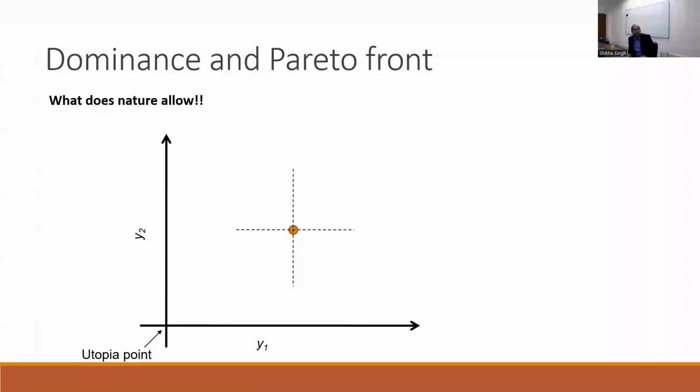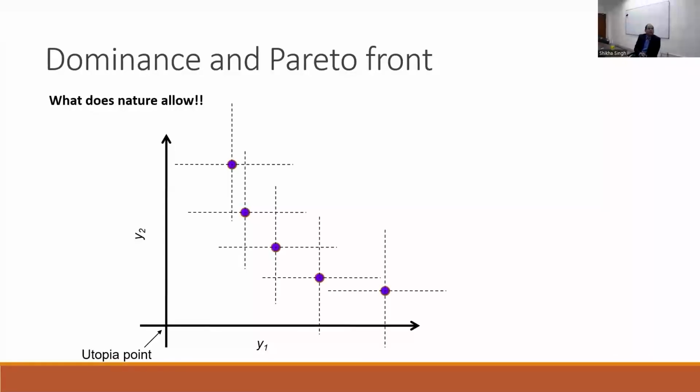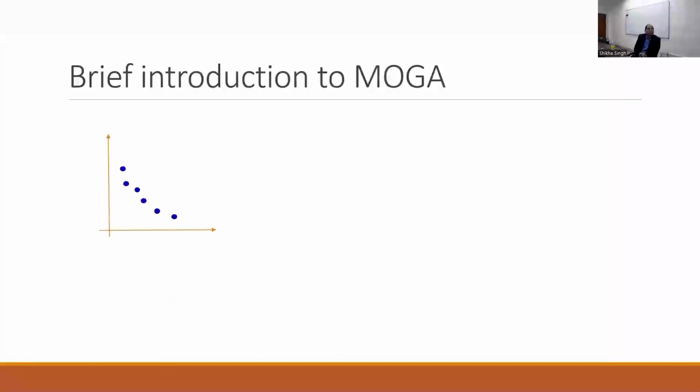Reject that, accept this, and we can now come up with what's called the Pareto front. The Pareto front is the limit that nature puts. You cannot simultaneously improve these two objectives. The only way to improve one objective is to compromise the other to some extent. Okay. So, a brief introduction to MOGAs.